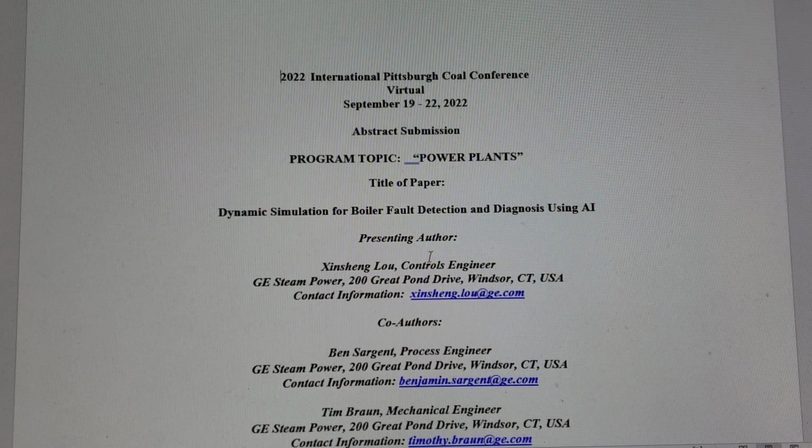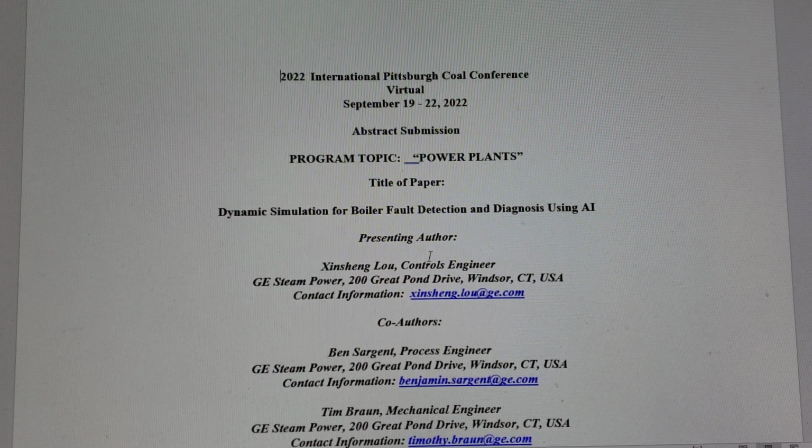Boiler is part of the steam power plant that we use to generate electrical power. And dynamic simulation is a simulator that we prepared using a modeling software called APROS.